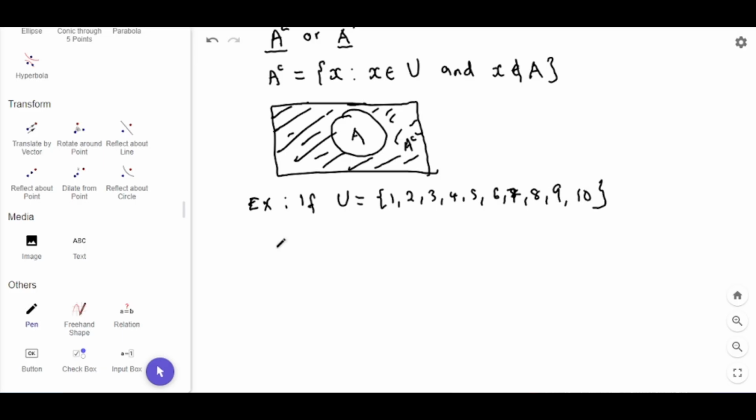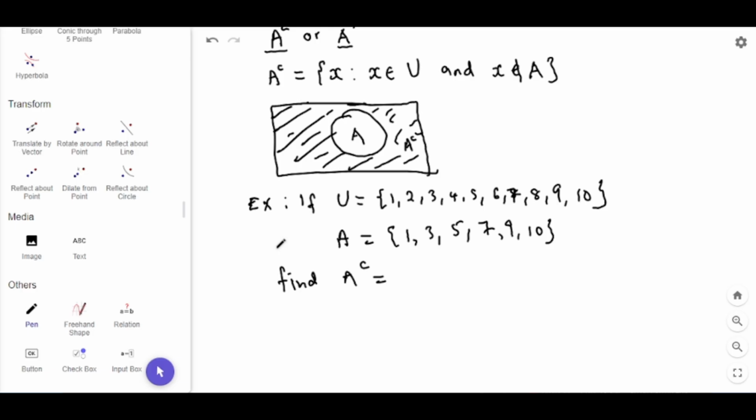And then we have our set A. Set A has elements 1, 3, 5, 7, 9, 10. Find A complement.